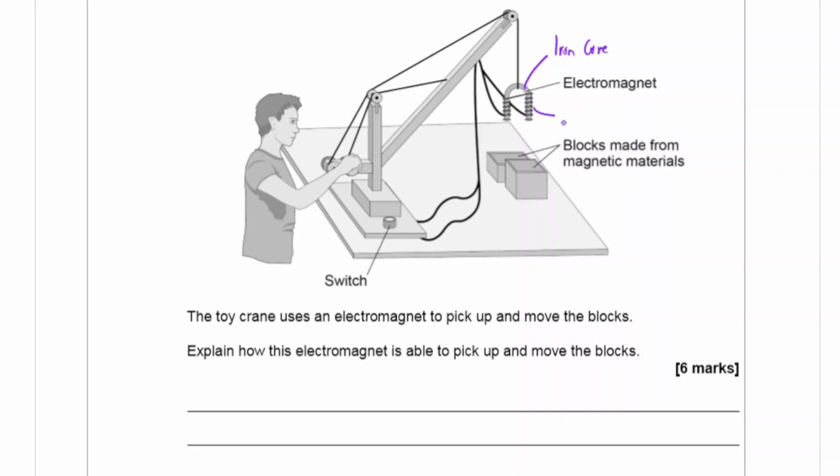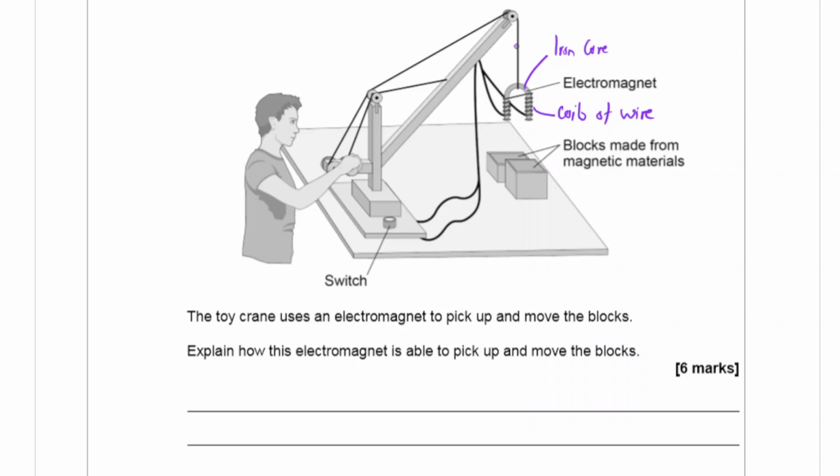And these are the coils of wire. So when a current passes through the coil of wire, it produces a magnetic field, and the iron core makes that magnetic field stronger, and the iron core becomes a magnet.